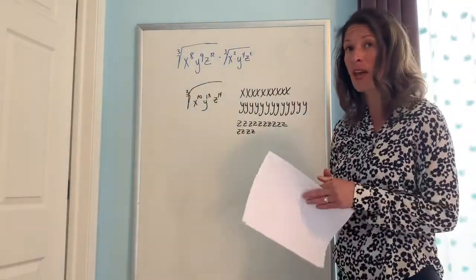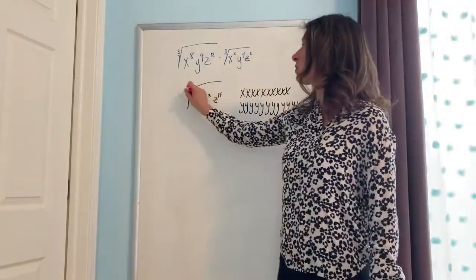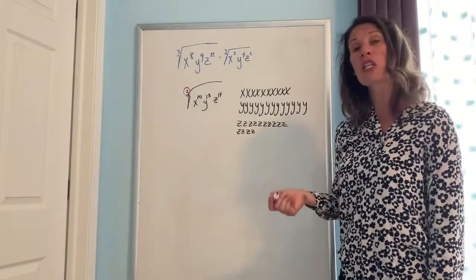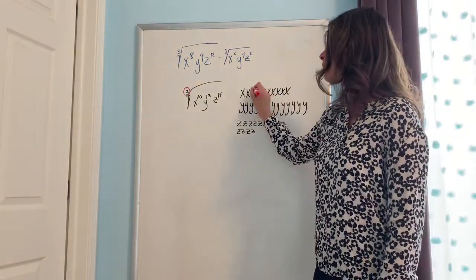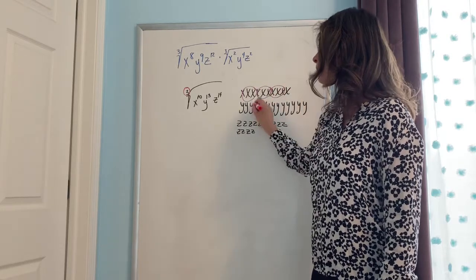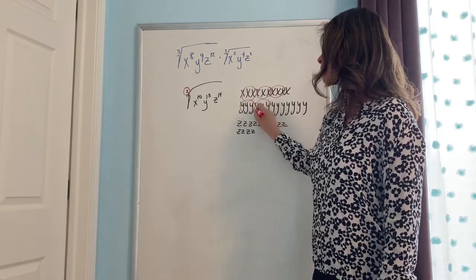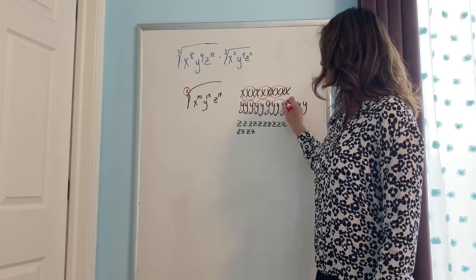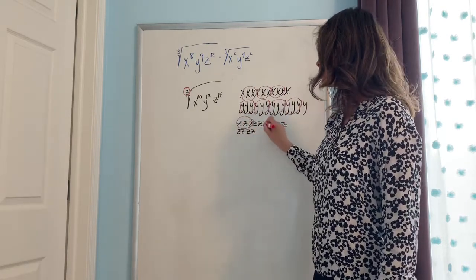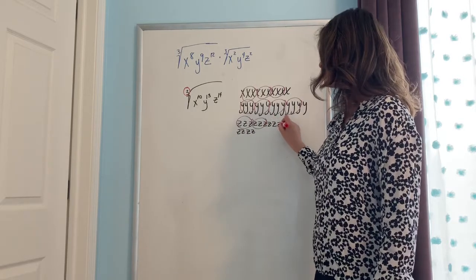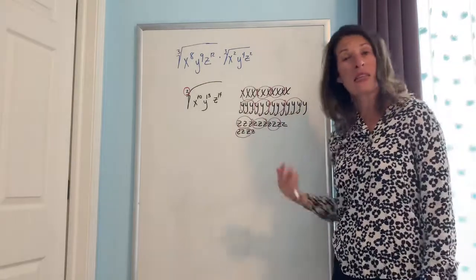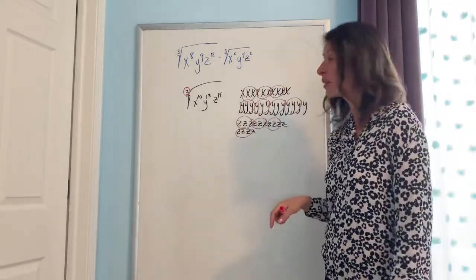And the last thing that we have to do is look at our index, which is a 3. That means I need 3 of anything to break it out of jail. So I'm going to circle my groups of 3. Anything that's circled gets to break out of jail, gets to come out.